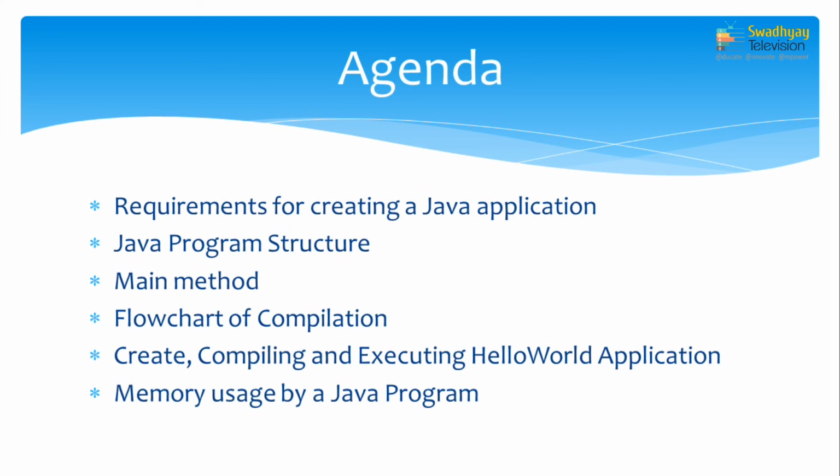Once our program is ready we need to compile and run it, so we understand the flow chart of the compilation process, and then we create one hello world application, compile it and execute it. And we also discuss how memory is used by a Java program.